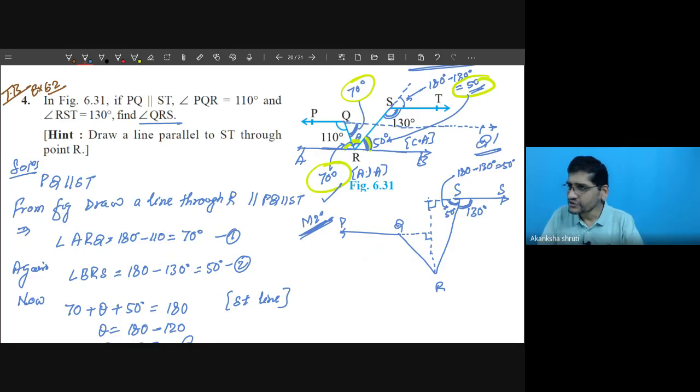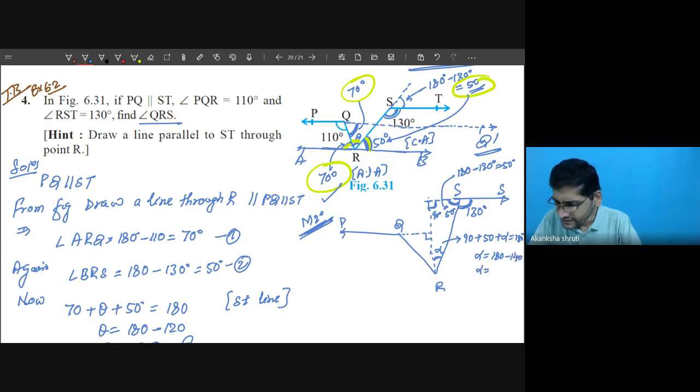Now here I will use the sum of all angles of a triangle is 180 degrees. Now this is already 90 degrees. So this 90 degrees plus this 50 degrees plus alpha is equal to 180 degrees. So alpha is 180 minus 90 plus 50 on the right hand side. 90 plus 50 is 140.